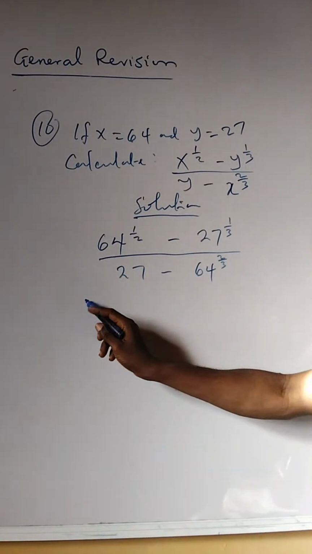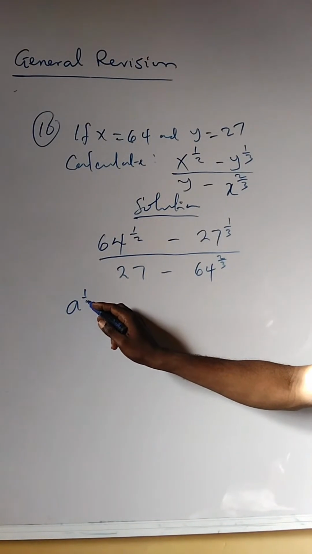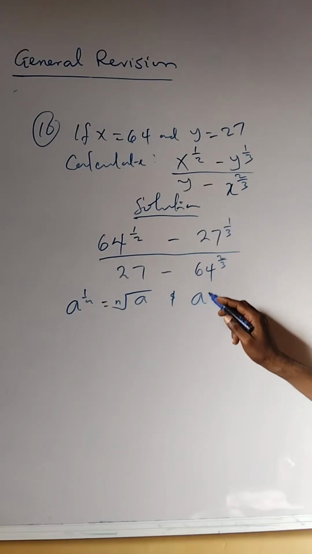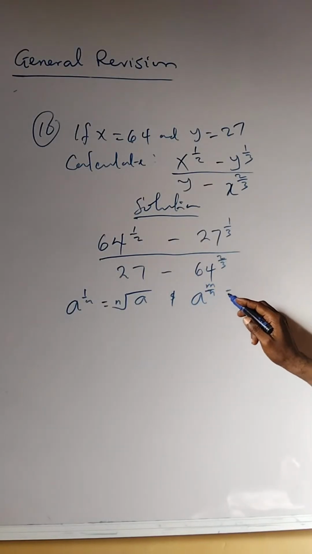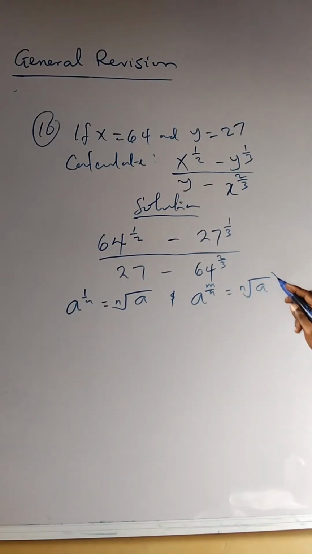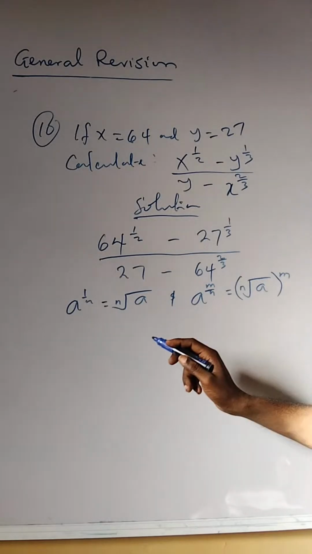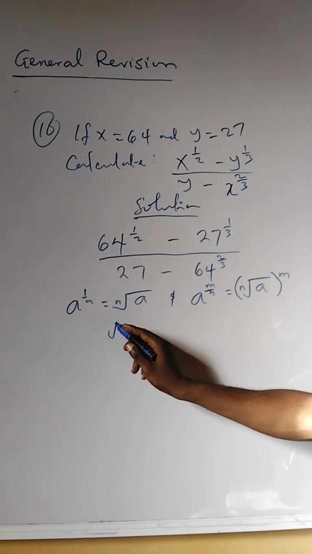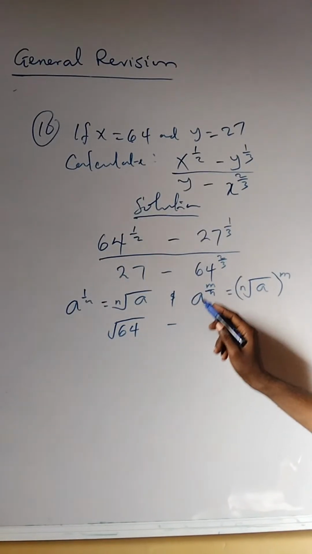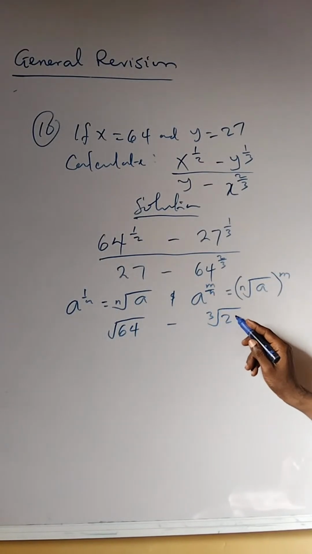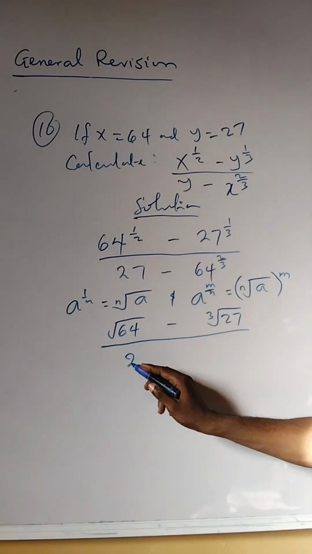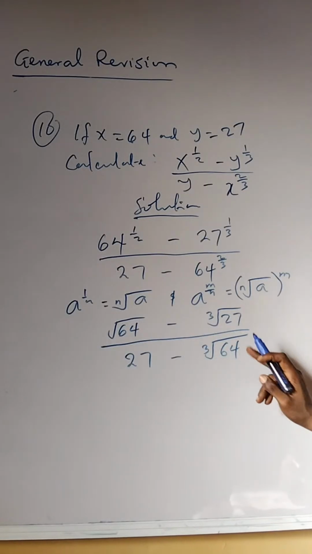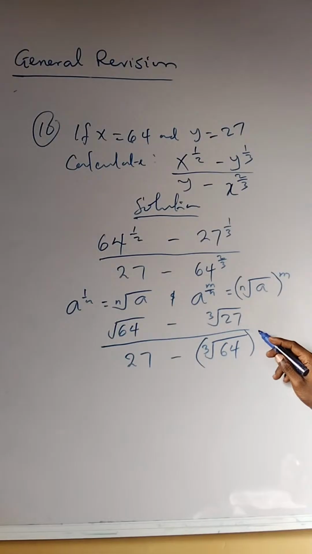Now, when you apply the law of indices, a raised to power 1 over n is the same as the nth root of a, and a raised to power m over n is the same as the nth root of a raised to power m. So 64 raised to power half is the square root of 64, minus the cube root of 27, divided by 27 minus the cube root of 64, all raised to power 2.